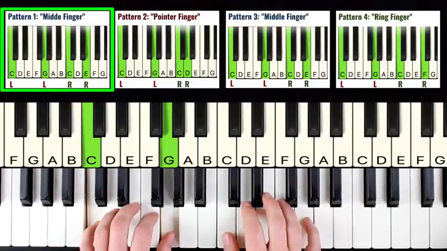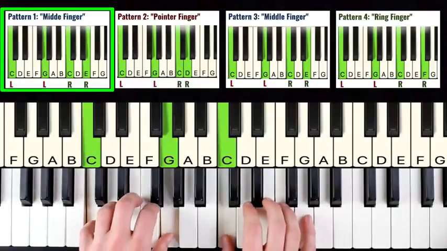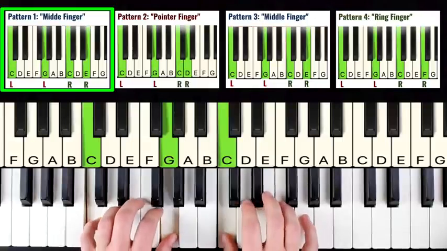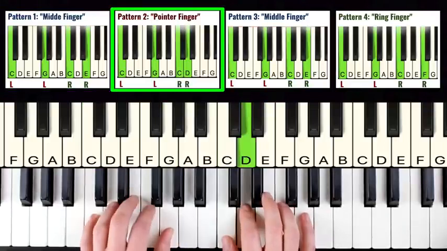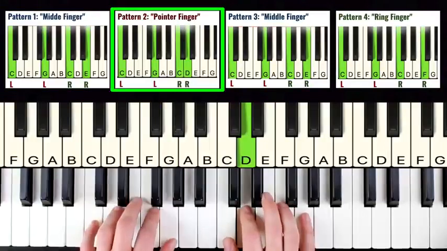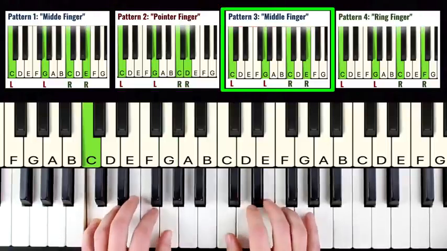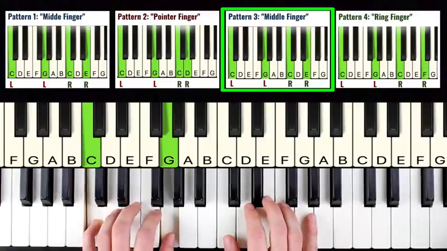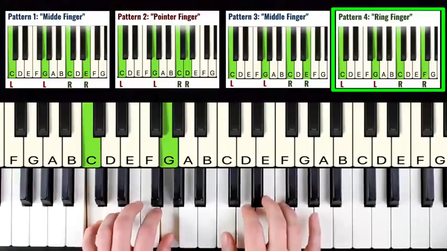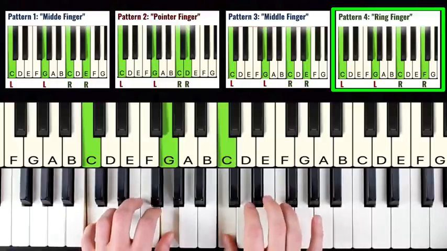Pattern 1, 2, 3, 4. And now we switch to pattern 2, 2, 3, 4. And then we switch to pattern 3, 2, 3, 4, and then pattern 4, 2, 3, 4.